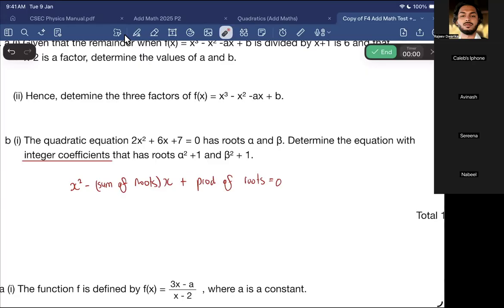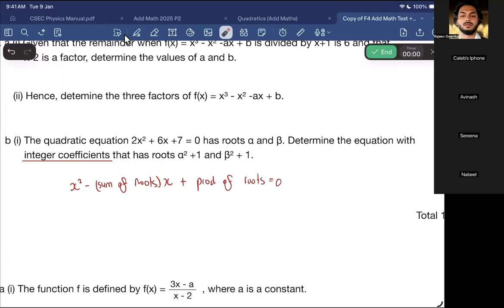So Caleb, you making any progress? Avinash, making any progress? Let me know if you got the new sum of roots.